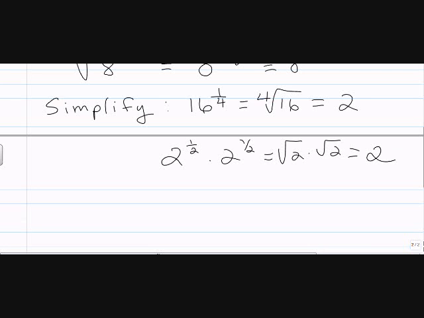There is another way I could have figured this out without putting this into square roots. 2 to the 1/2 times 2 to the 1/2 is 2 to the 1/2 times 1/2 or plus 1/2? Plus. 1/2 plus 1/2 is 1, so that's 2 to the 1, also known as 2. So there's often many ways to get to these answers.